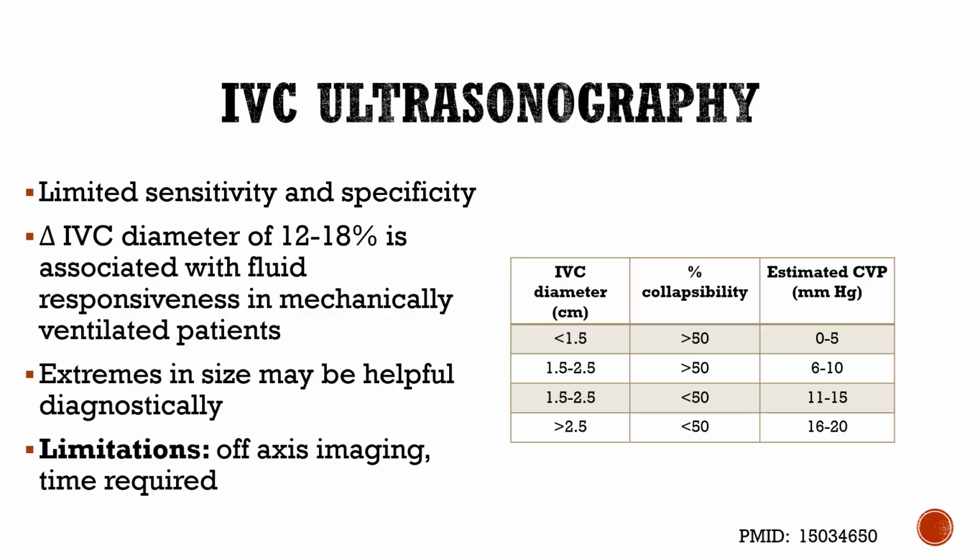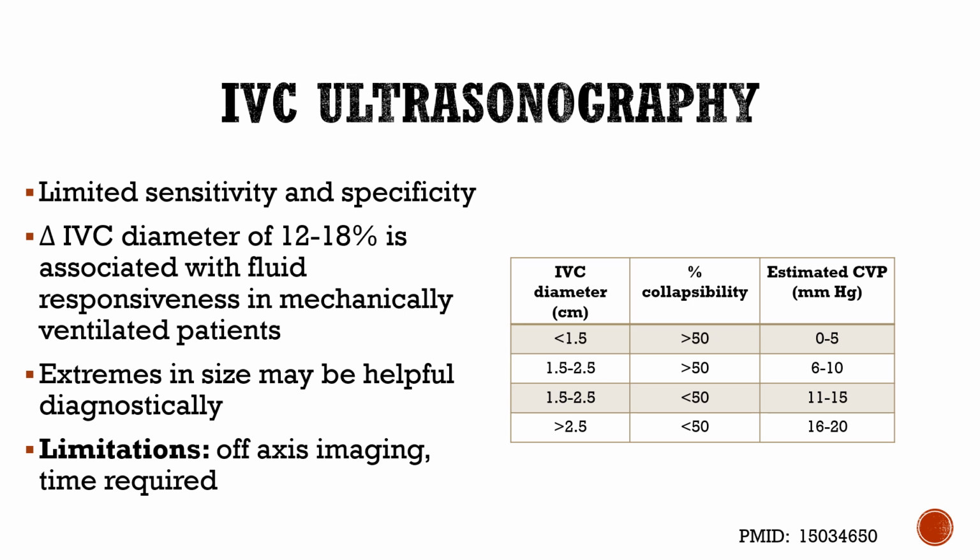So what about inferior vena cava or IVC ultrasound? Unfortunately, it has limited sensitivity and specificity. Delta IVC, or change in diameter of at least 12%, is associated with potential fluid responsiveness in patients who are mechanically ventilated. Again, like in most things in medicine, extremes in values may be helpful.